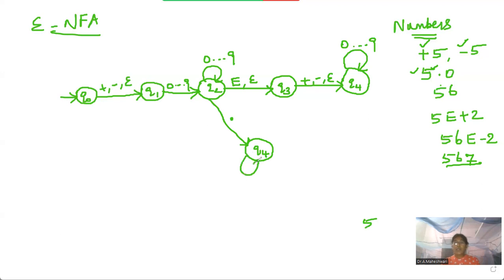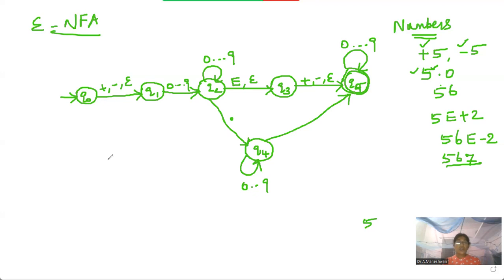So I can use a self loop here, 0 to 9. After that, I will move directly to this state, or directly to this state also. This is also possible. This is the last state, so here I'm considering Q5. This is my final state.